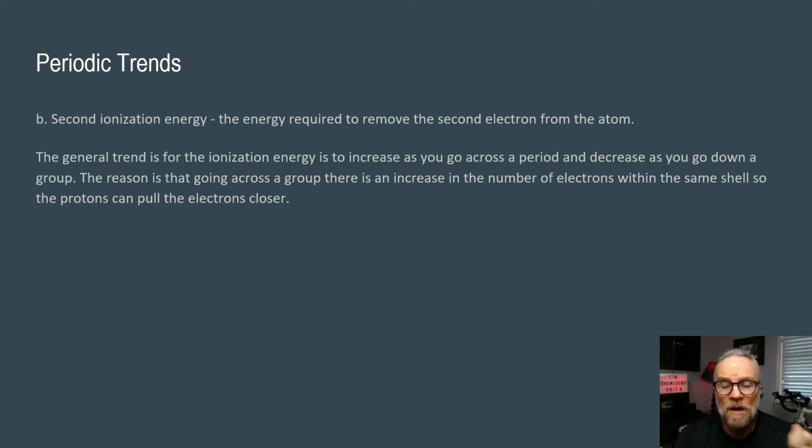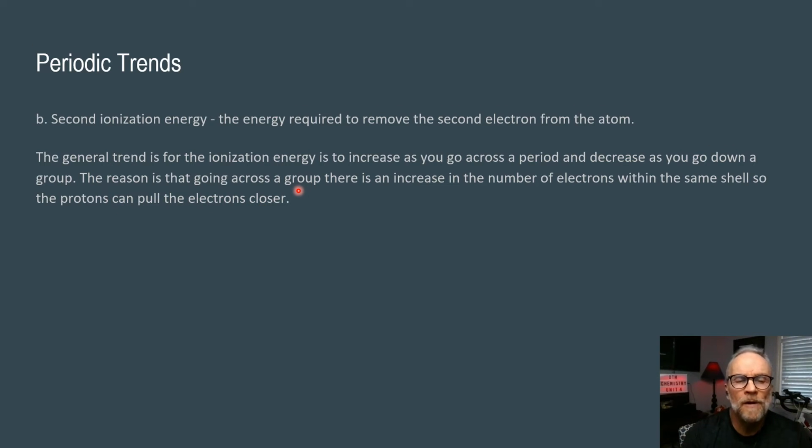Okay, so let's talk about the general trend here. It says the trend for ionization energy is to increase as you go across a period and decrease as you go down a group. The reason is that going across a period, there is an increase in the number of protons within the same shell, so the nucleus can pull the electron closer.